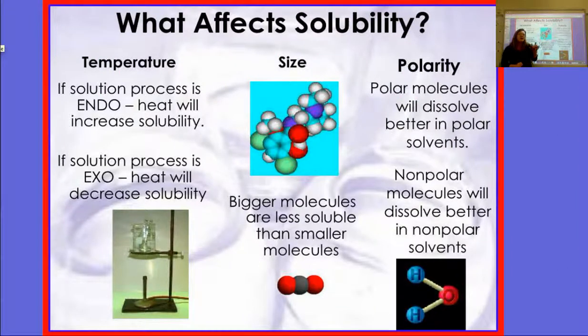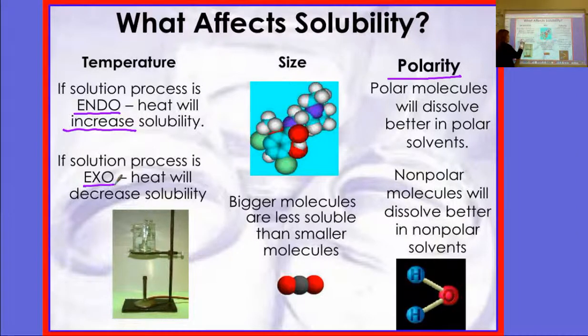So what affects solubility? 3 things affect solubility: temperature, size, and polarity. We already talked about polarity. Likes dissolve likes. Polar will dissolve polar. Non-polar dissolves non-polar. Let's talk about temperature. If the process is endothermic, heat will increase the solubility.